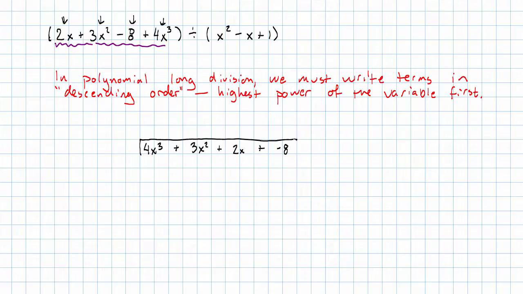Outside our division bracket, we'll have our x squared, and then our negative x, and then our 1.